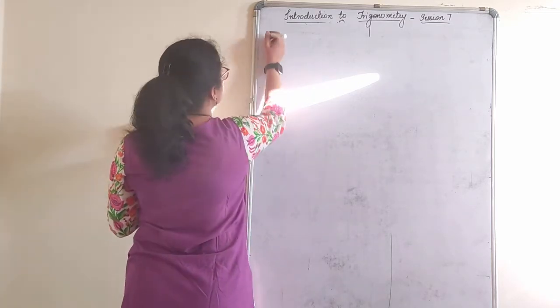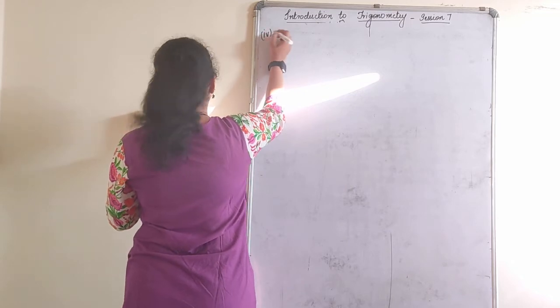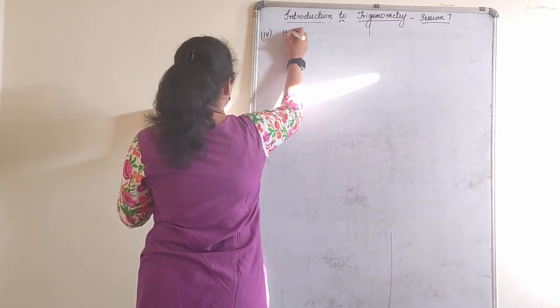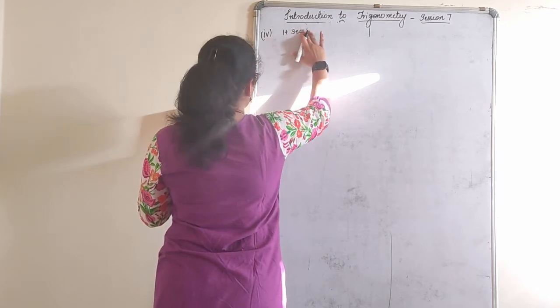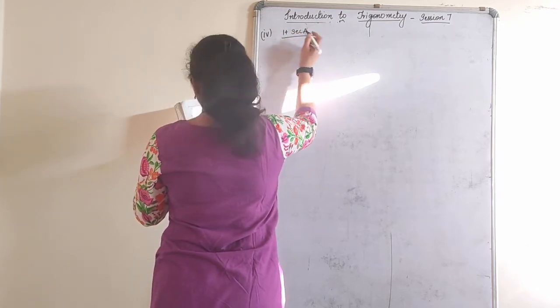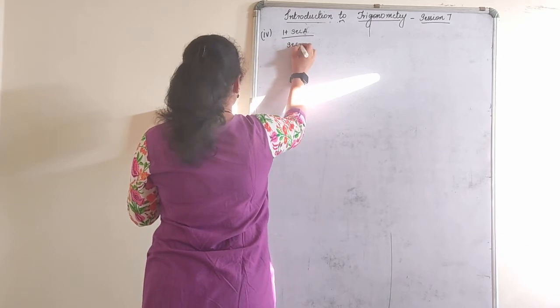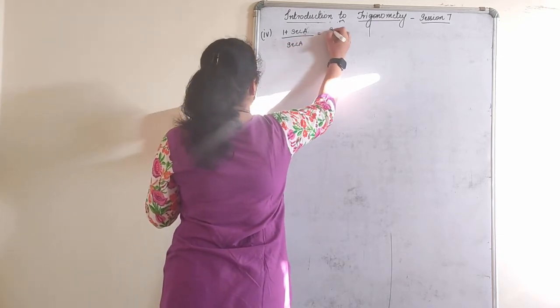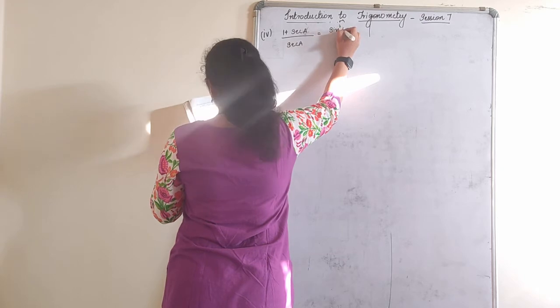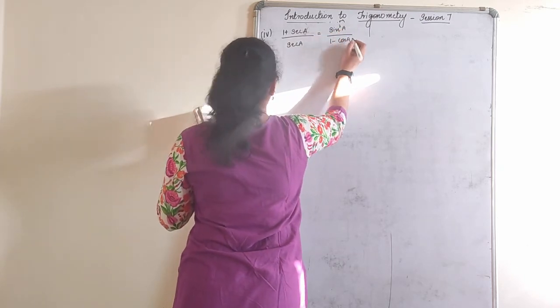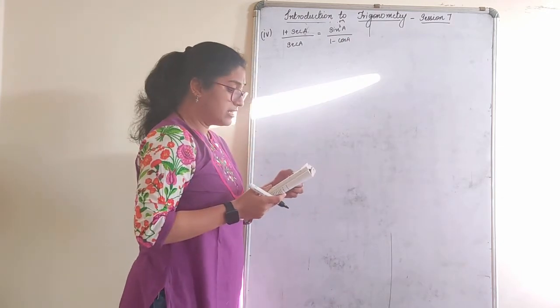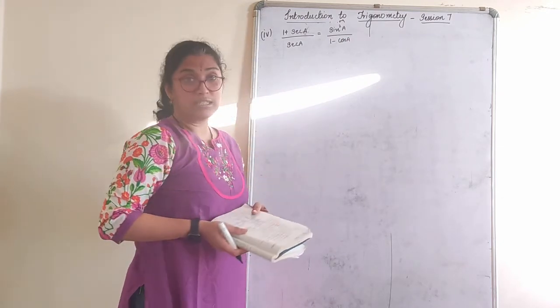Fourth one. 1 plus sec A divided by sec A is equal to sin square A upon 1 minus cos A. Here they have said to simplify LHS and RHS separately.